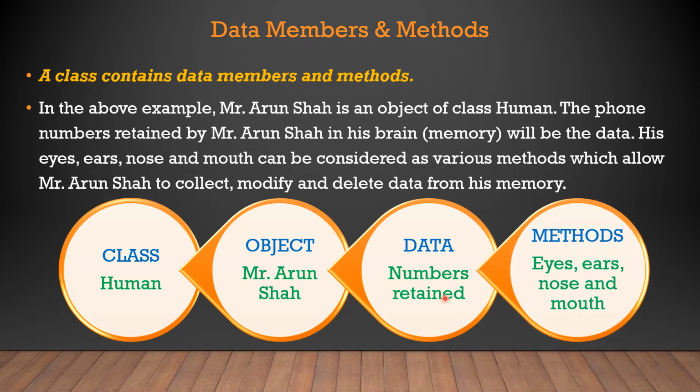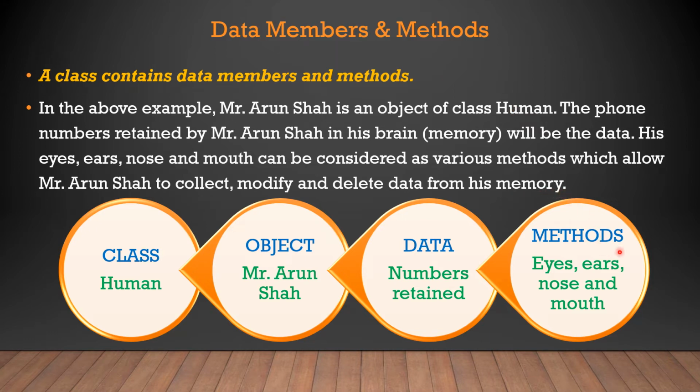Then methods: eyes, ears, nose and mouth. Methods, as the name suggests, are ways to do something. So basically in simple language we can say that methods are the ways to perform some operation on the data. Here his eyes, ears, nose and mouth can be considered as various methods which allow Mr. Arun Shah to collect, modify and delete data from his memory.